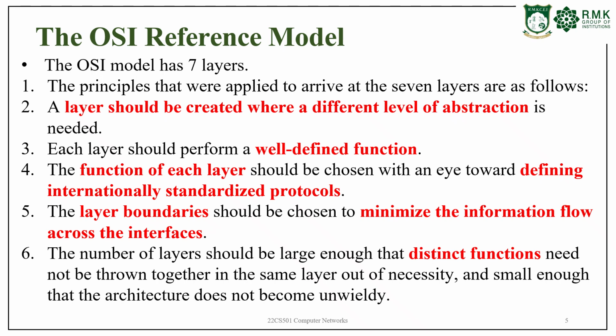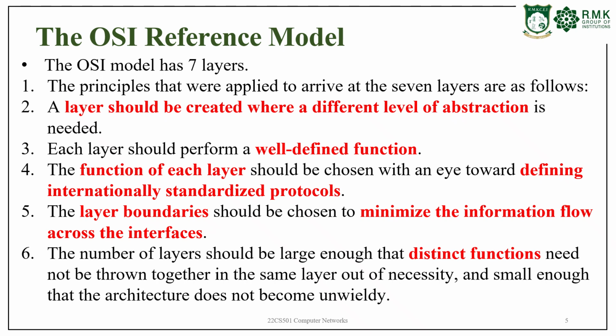The second one, each and every layer should have a well-defined function. That is, layer 1 will do one function and layer 2's function will be different, so they will perform their own well-defined functions. The function of each layer should adapt to the internationally standardized and accepted rules, procedures, and protocols.